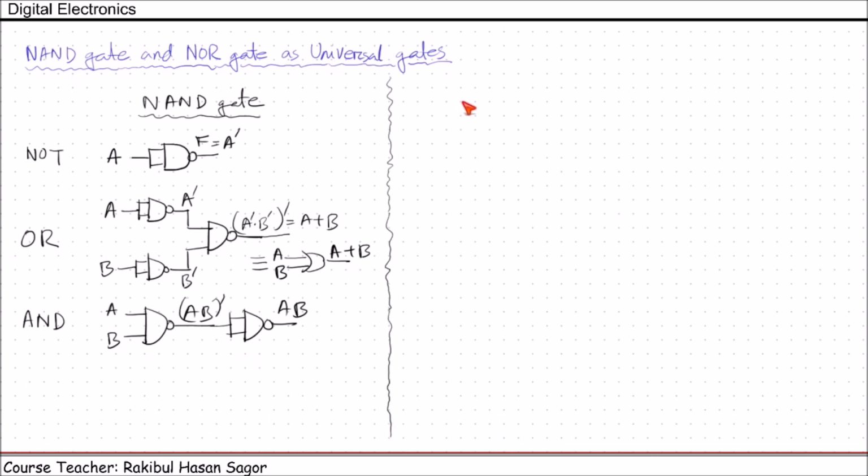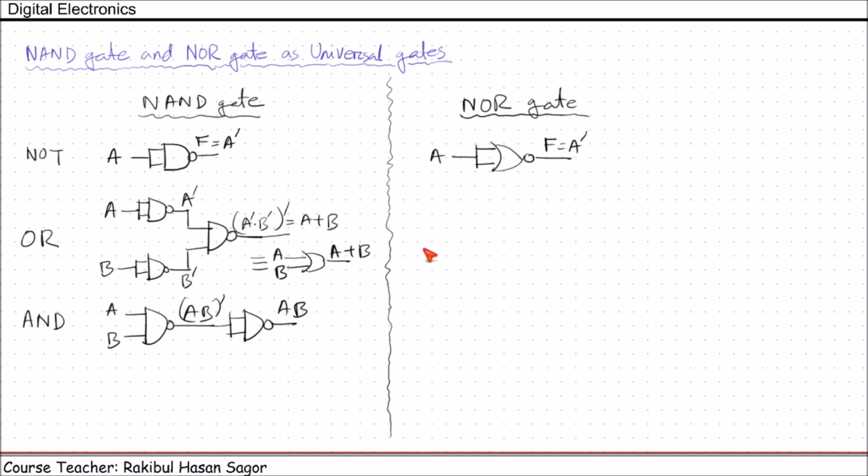Next, we'll see the NOR gate implementation of the basic gates. First of all, NOT gate. The NOT gate can be implemented having similar pattern that we did for NAND gate. If we have a input, a or a will give us a, and here due to this bubble we'll get function output a prime. So this is the NOT gate implementation.